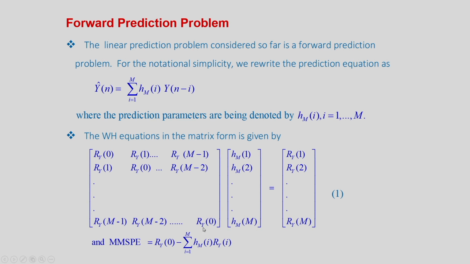This is the autocorrelation matrix, and this is the filter coefficient vector. Here the first element is H_m1, then H_m2, like that, and the right hand side is the autocorrelation vector R_y(1), R_y(2), etc. up to R_y(m). Correspondingly, the minimum mean square prediction error is given by R_y(0) minus summation H_mi R_y(i), i going from 1 to m.